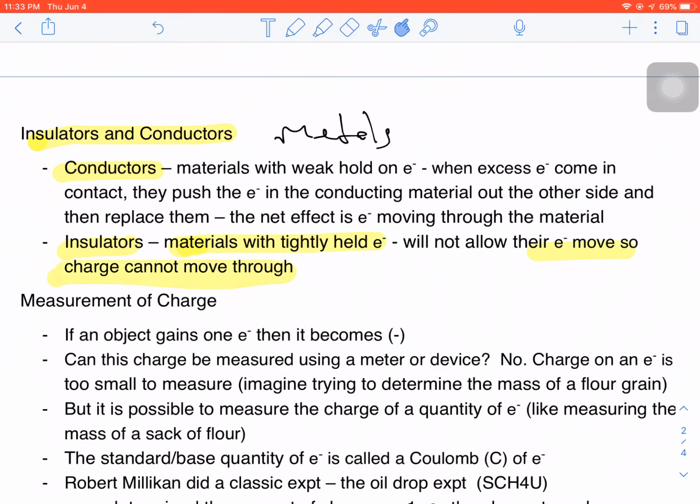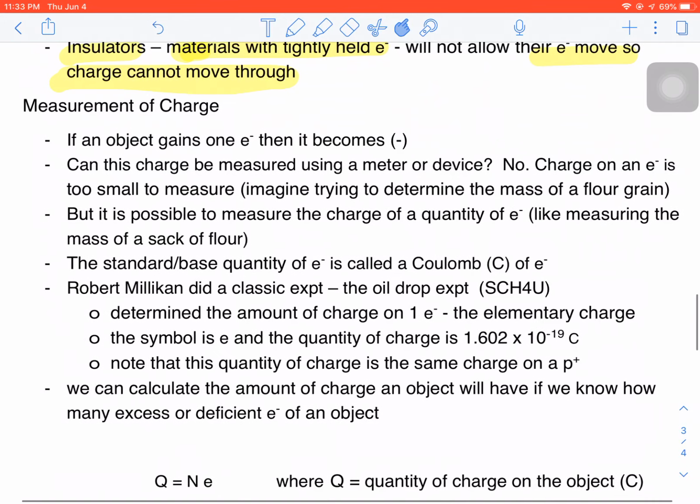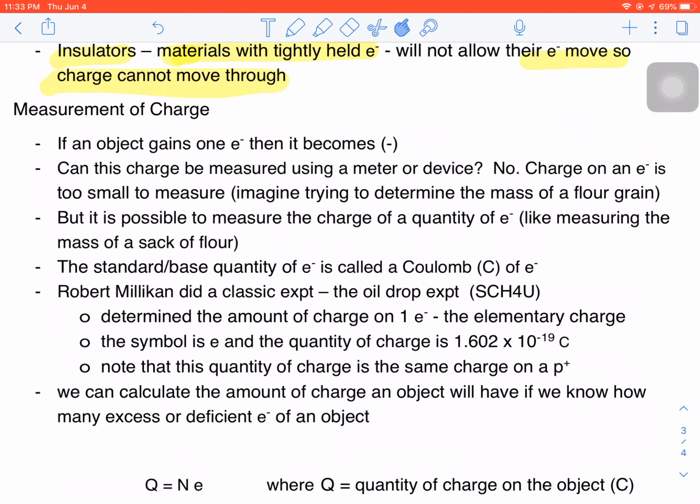Okay, so here's where we get into what we need for this course. How do we measure the amount of charge on an object? The charge is basically caused by a surplus of electrons or a surplus of protons, a deficiency of electrons.